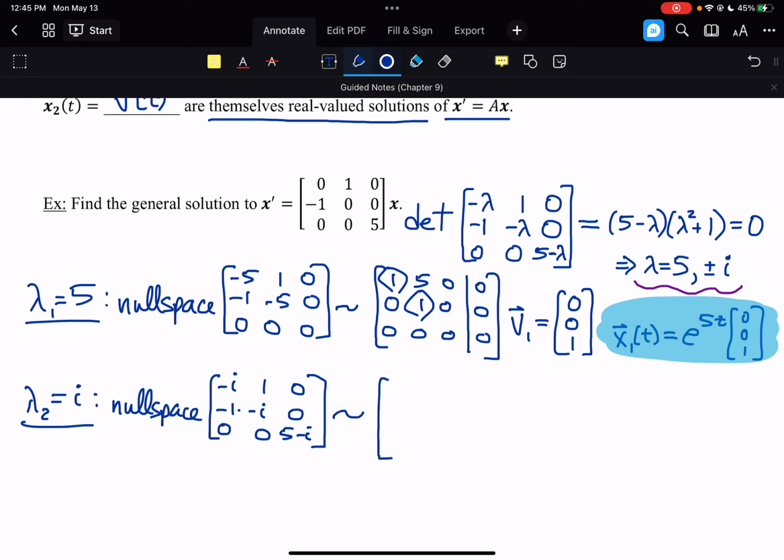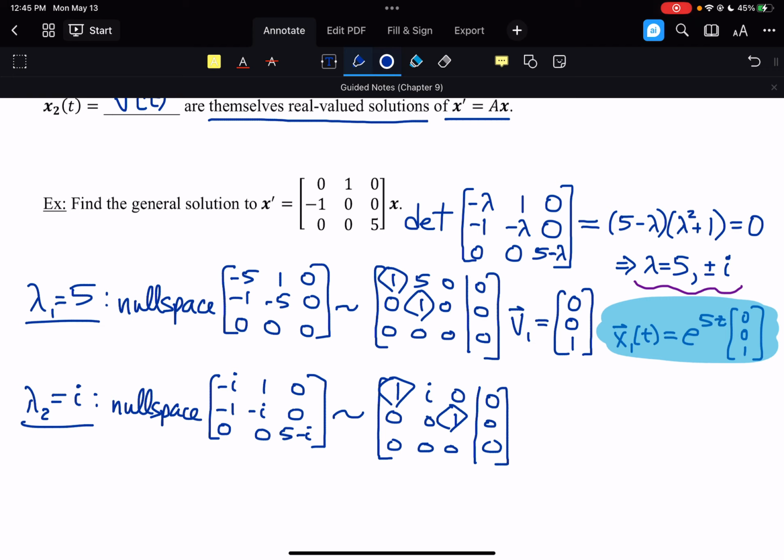So what ends up happening when we do row reductions on this, one of these rows will get rid of the other, and you can check that independently, but we'll end up with 1, i, 0. And then this one, this is all constant. We can just multiply by 1 over 5 minus i and switch that up here. So we get 0, 0, 1. And then our all 0 row goes at the bottom.